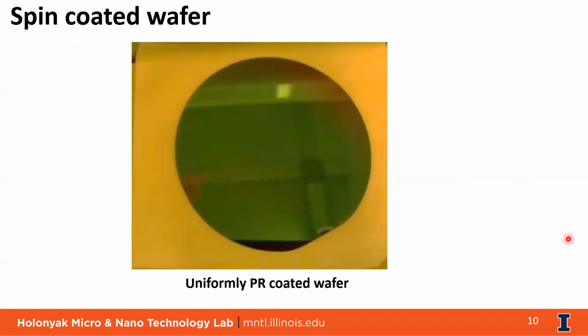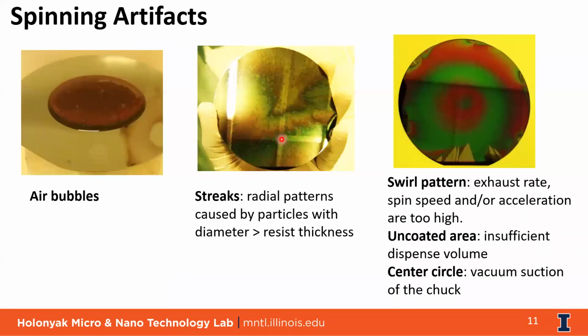If you've done a very good coating without any problem, your wafer is supposed to look like this, without any artifacts or defects. You'll get a uniform coating. In case you run into any problem, you might find these common spin coating artifacts.